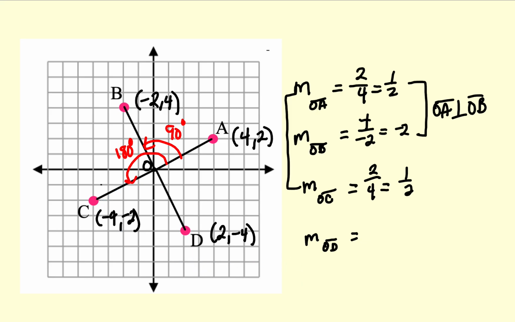Now let's take a look at the slope of OD. Okay, so we're going to go down -4 and then go over 2, which is -2. Now, compared to the top one, segment OA is also perpendicular to segment OD. So this is also making a right angle.